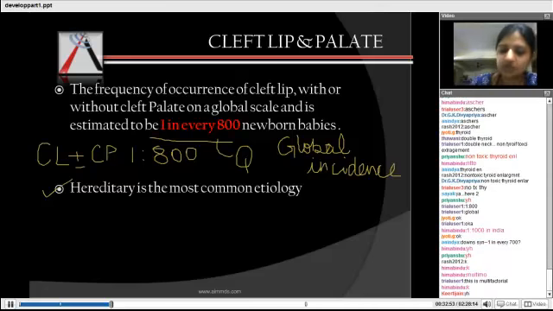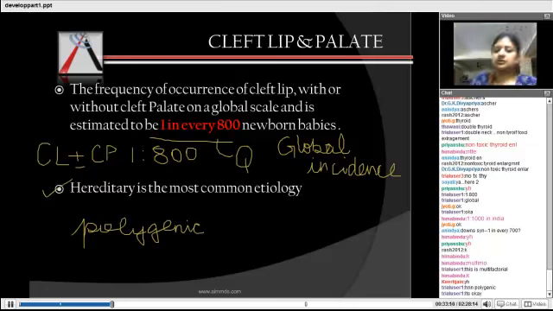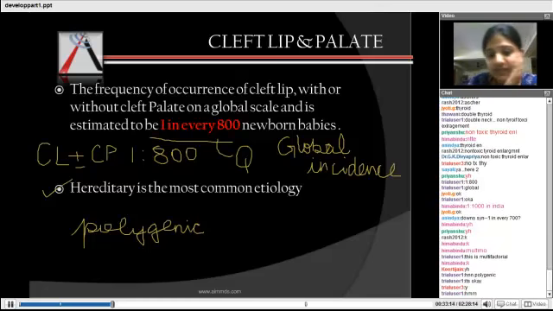You have a number of causes that contribute to it, so it's actually polygenic. It has a multifactorial incidence, so you cannot say this one particular thing is the reason for it.